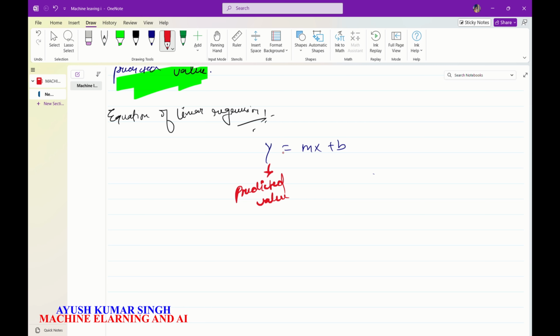That is our dependent variable, so it will be our DV.